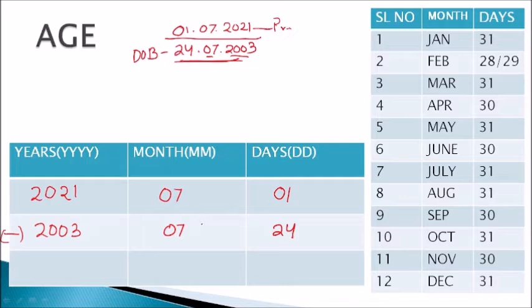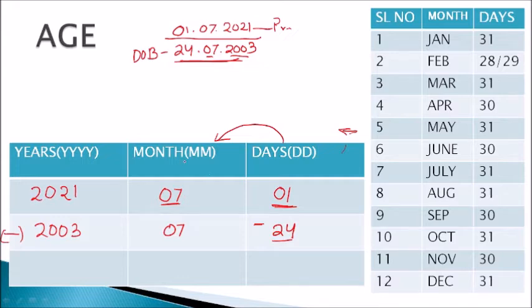So in this question we'll start the calculation from the right side, from the days column, but in the days column here we have only 1 and we cannot subtract 24 from 1. So in this case we'll borrow some days from the month. Here it's 7.